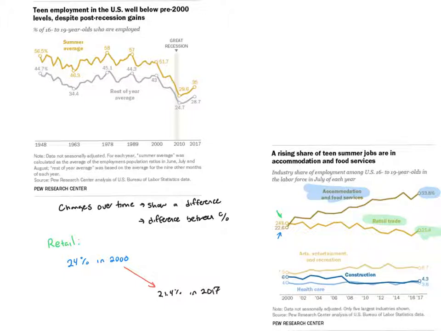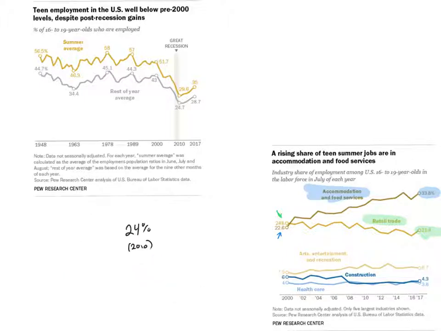I want to caution us that while we can never conclude causation, we can show that things have changed over time. We would do that by saying, okay, 24% originally, 21.4% now, which means there's been a change of negative 2.6%. I get that negative 2.6% by taking my current value and subtracting off my other.